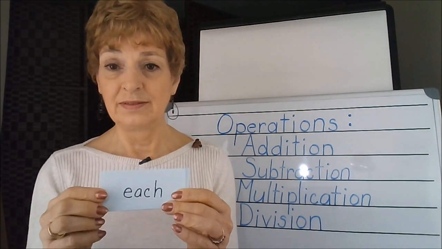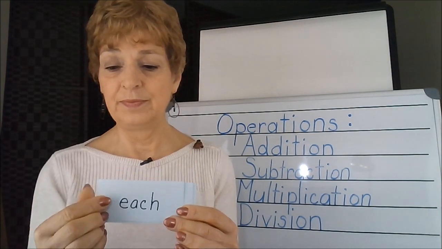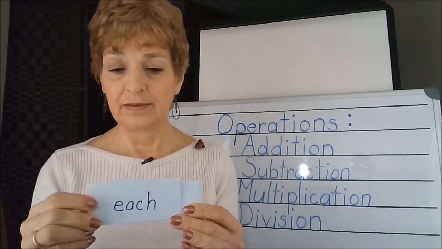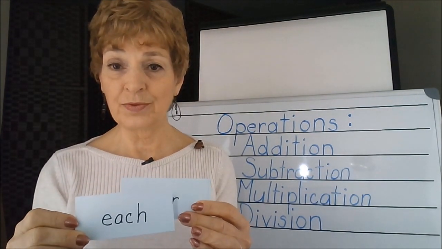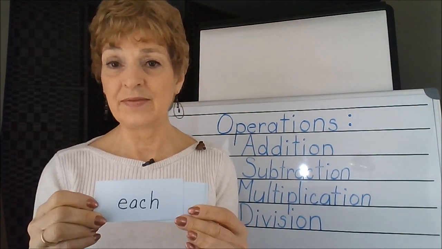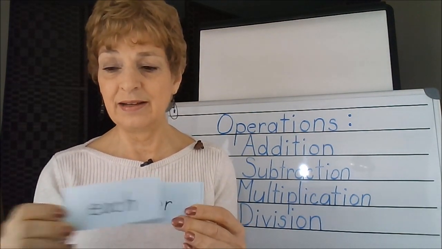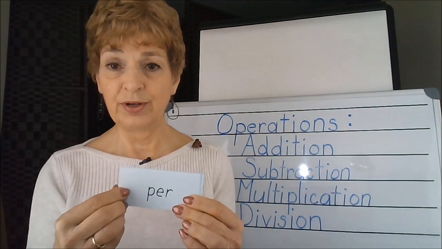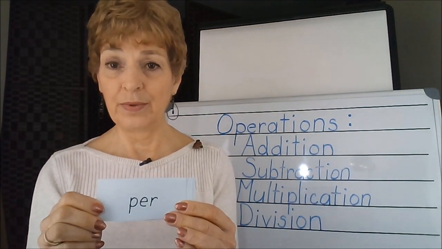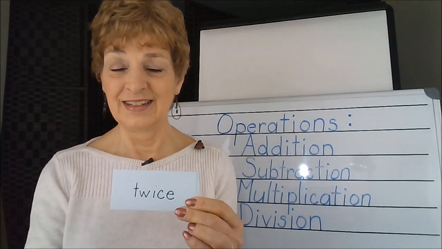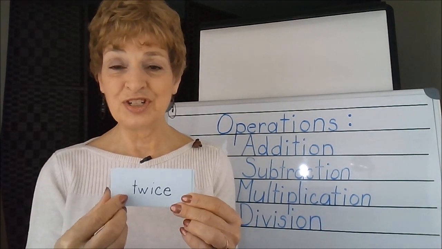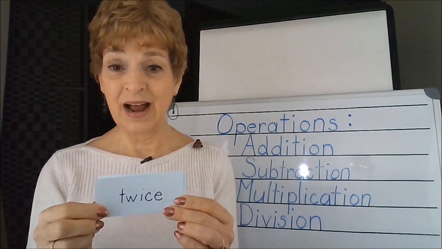Each is a multiplication word, because each group and each row and each setting has to have the same number in it. Per is associated with multiplication. Twice gives you a number and an operation.